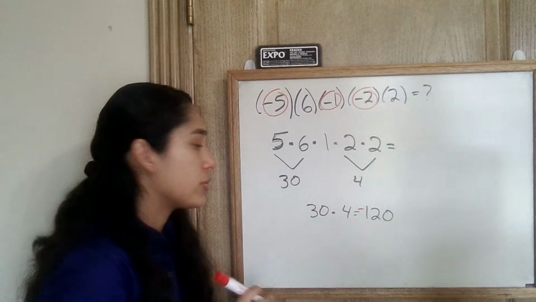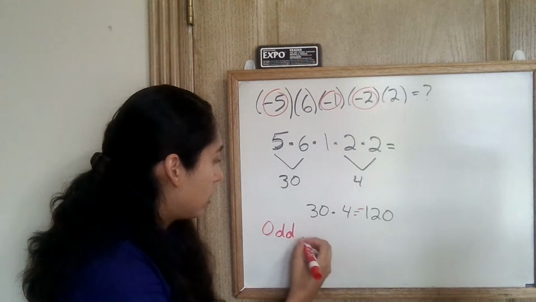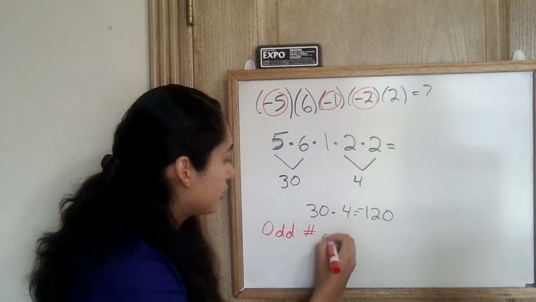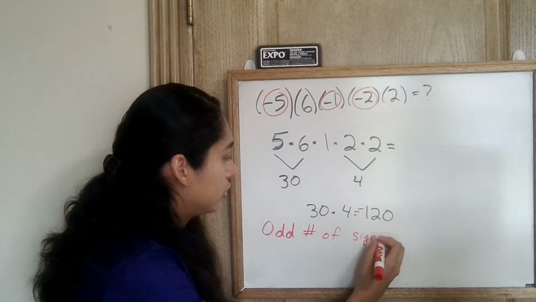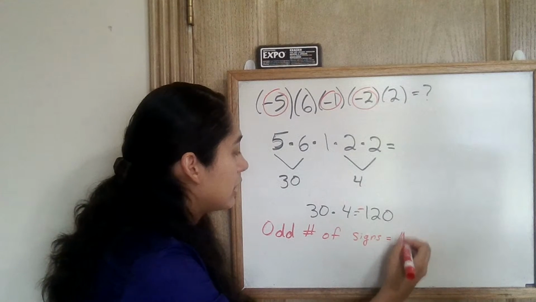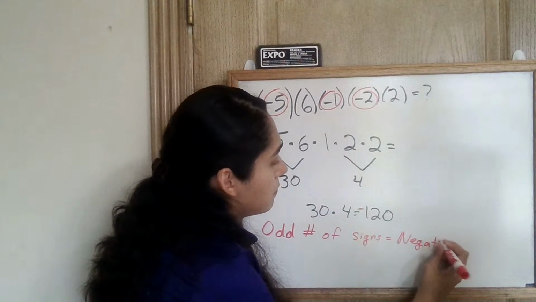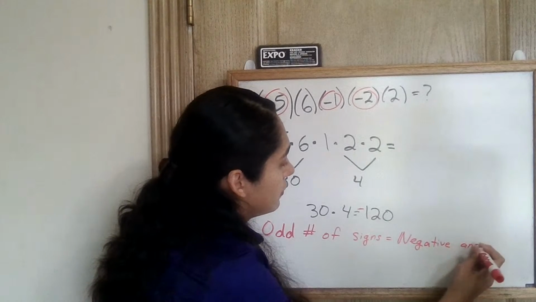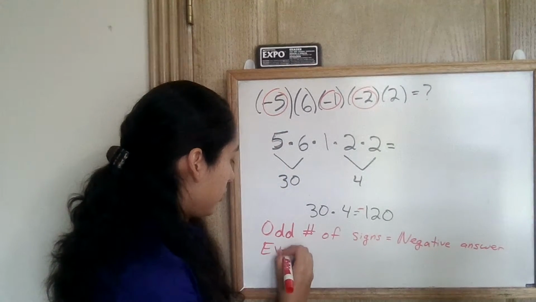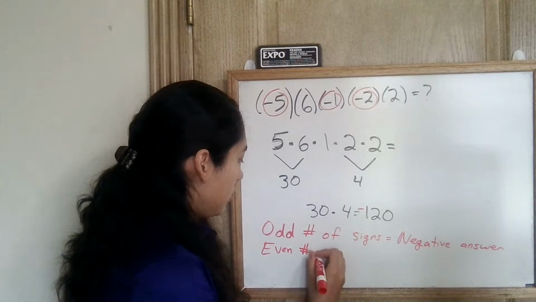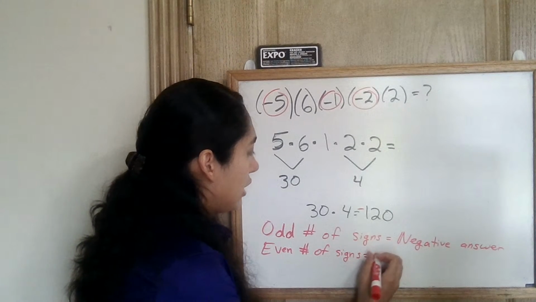Here's a neat trick: an odd number of negative signs, it's going to be negative. If there's an even number of negative signs, the answer is going to be positive.